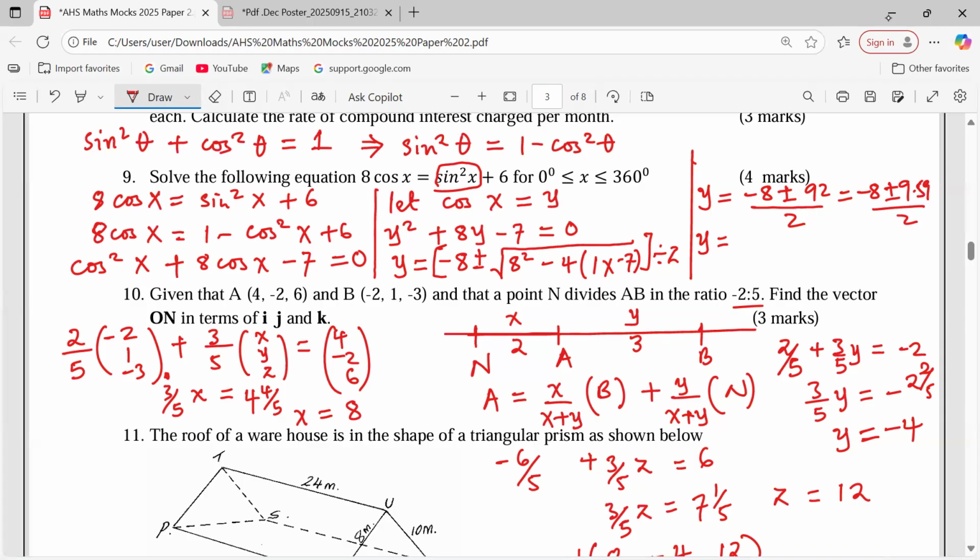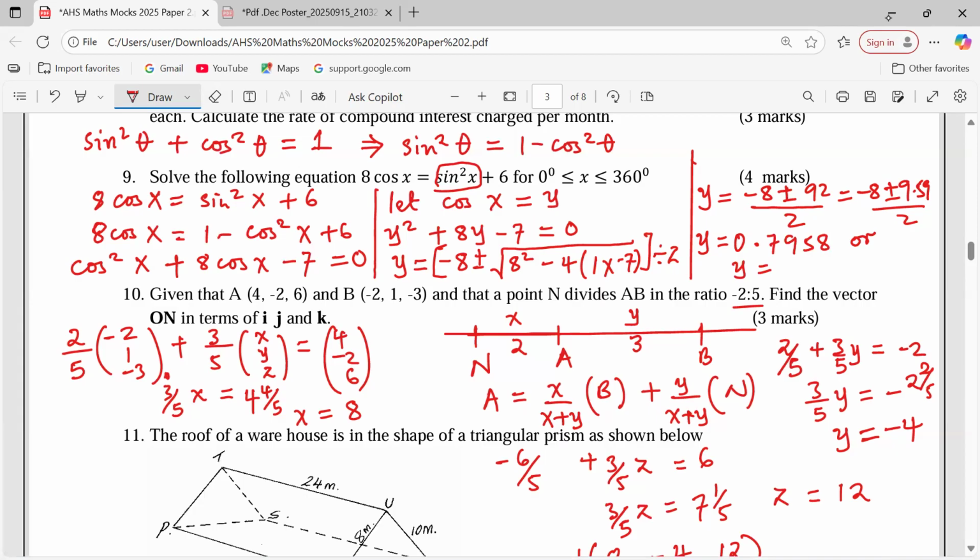So the values of y shall be, when I take negative 8 and add 9.59, then divide by 2, I get 0.7958. You see, these are values where we could not get factors. That's the essence of the quadratic formula. Or the value of y equals negative 8 minus 9.59, then we divide by 2.